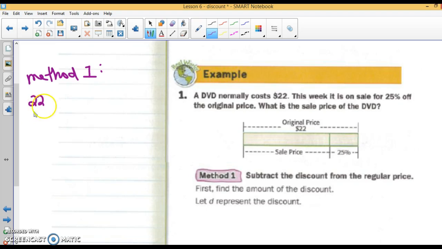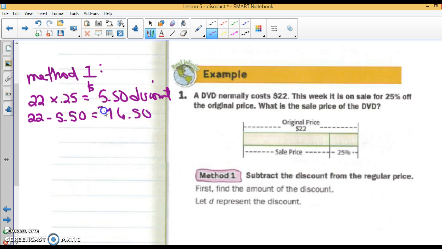So 25% of 22, I'm going to multiply by 0.25. And when I do that, I get $5.50. That's my discount. To find my sale price, I need to do 22 minus $5.50, and I end up with $16.50. That's my sale price. That's method one, where you find the discount and then subtract.